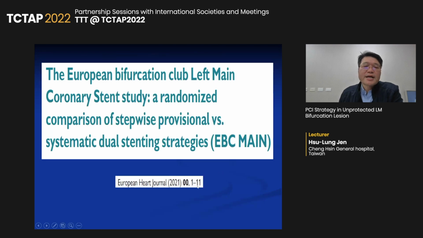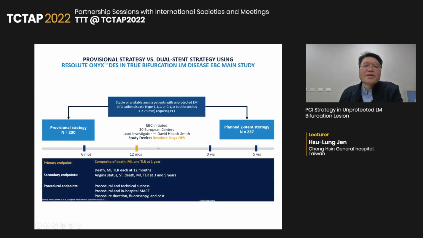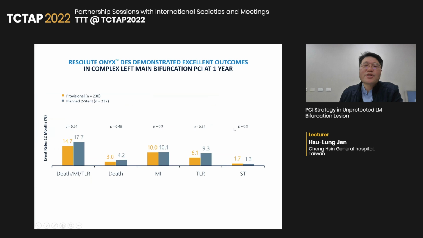Of course, something we just discussed recently, the EBC MAIN trial, was published last year in the European Heart Journal. It also included true bifurcation, Medina 111 and 011, and it also divided patients into two parts: the provisional strategy and the two-stent strategy.